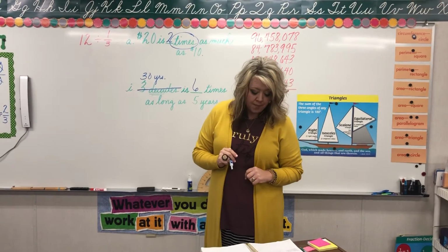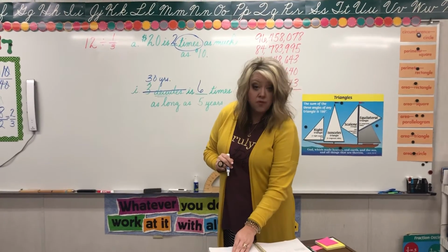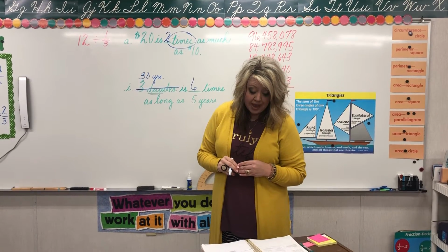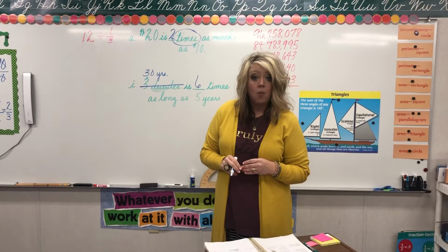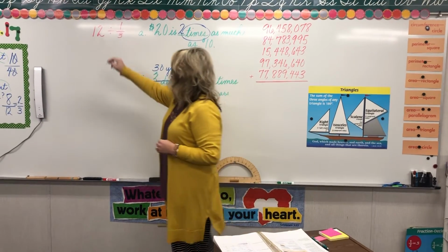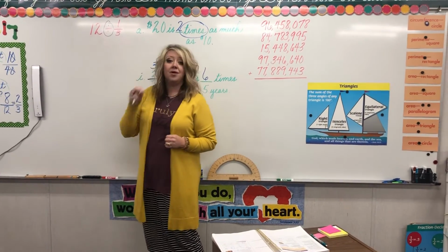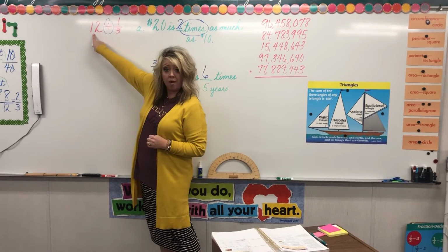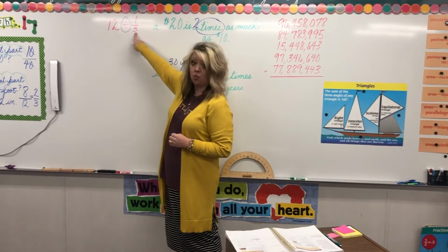Now one other problem on the back is just a review from our new concept. I'm in the review section, page 240, letter F. 12 divided by 1/3. Remember, when you see this division symbol, think invert. Now I do not invert the 12. I invert the divisor, which is 1/3.